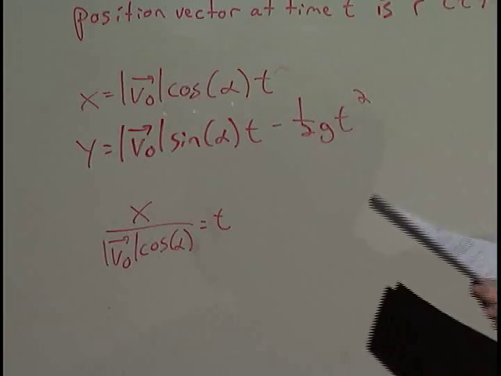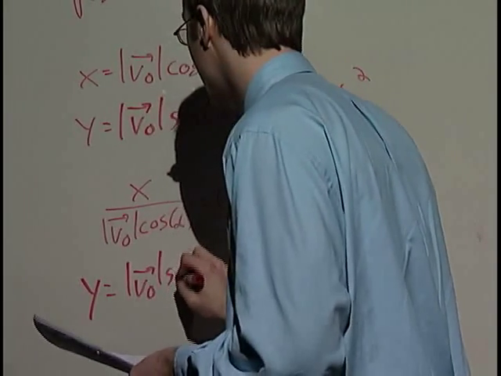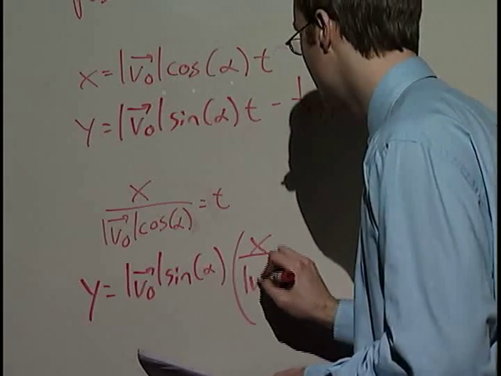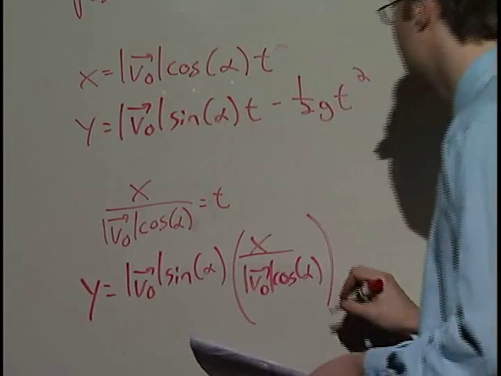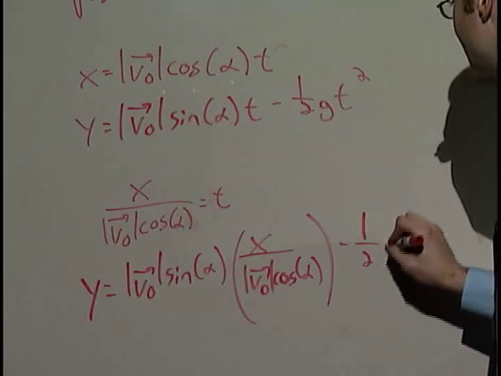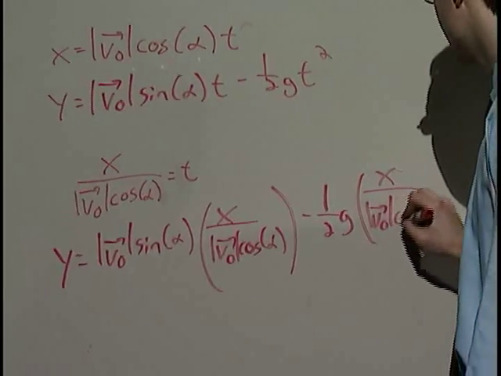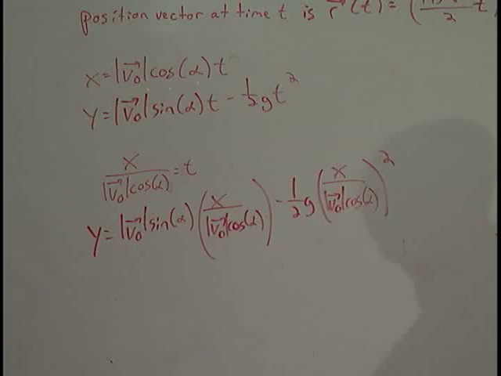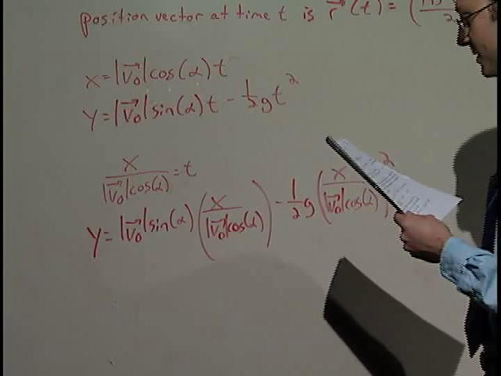Right? Okay. And if we plug into the second equation for t, let's see what happens here. So we get v naught sine alpha times x over v naught cosine alpha, minus 1/2 g times x over v naught cosine alpha, squared. All right, so that's straight plugging in. Okay. Now let's do some simplification here.